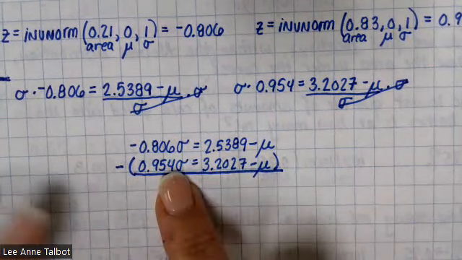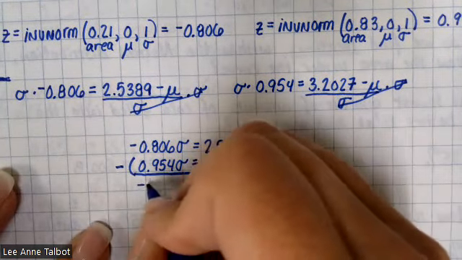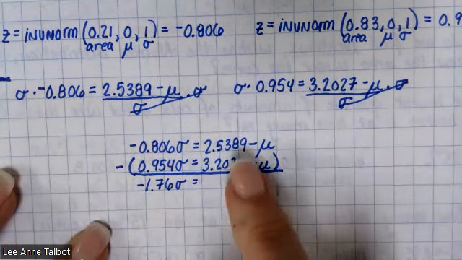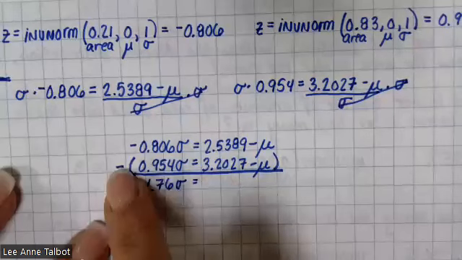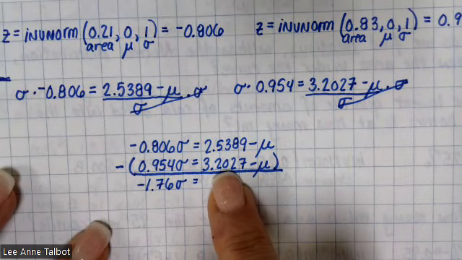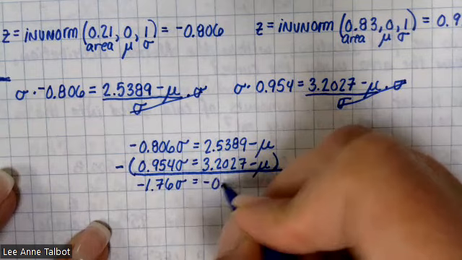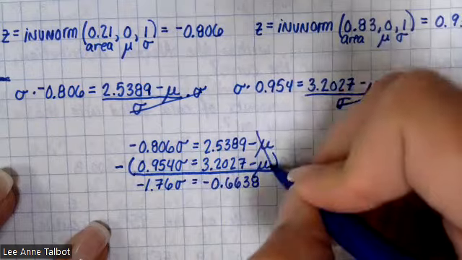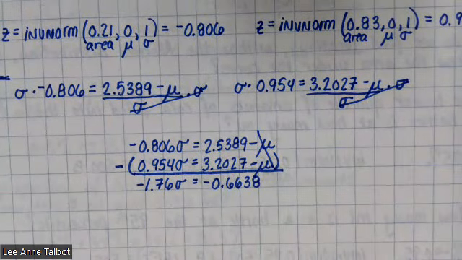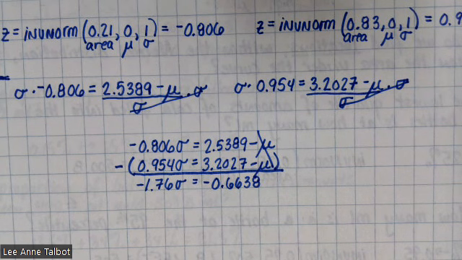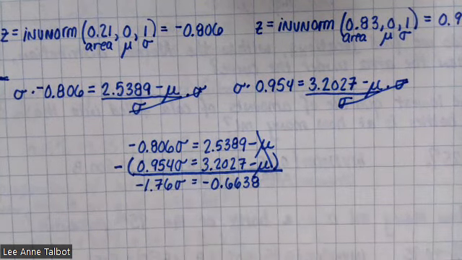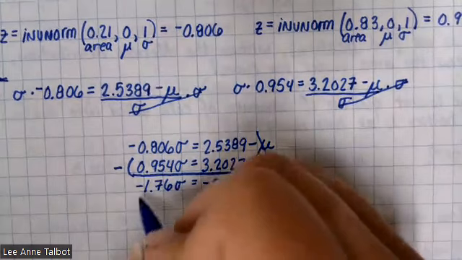So this minus this is negative 1.76. And then you have to remember to do this minus this. And then the mu's cancel. So again, this minus this minus this.